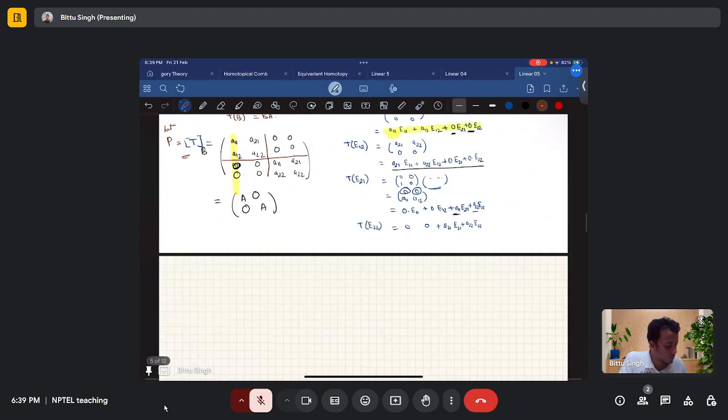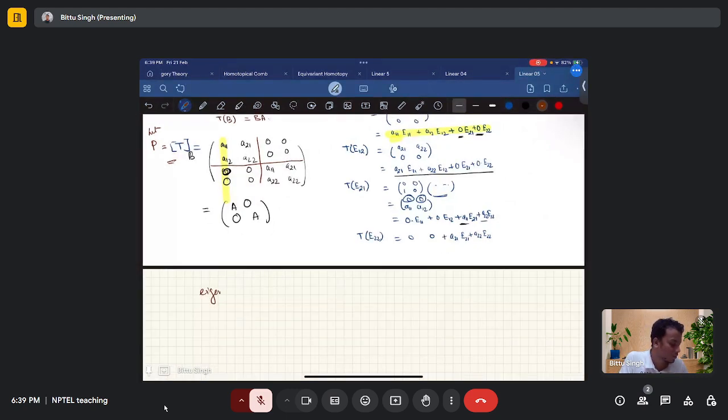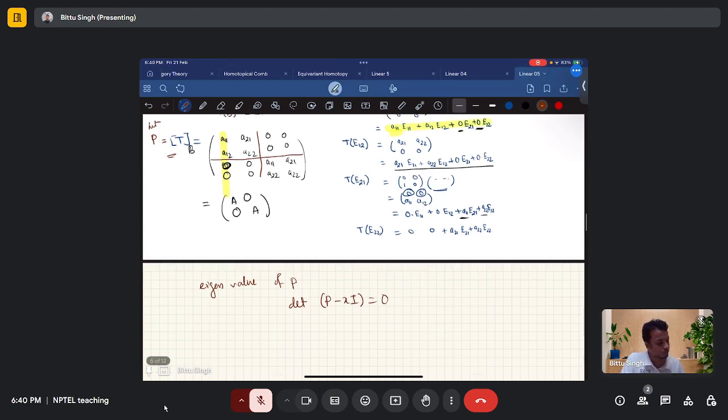Okay. So the eigenvalues of P are obtained from the equation determinant of P minus xi equal to 0. If you write all those things, it is the same as A minus xi, and the other entries are 0, since we just subtract from the diagonal.